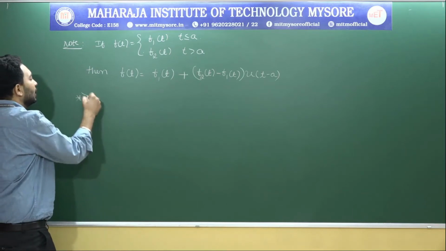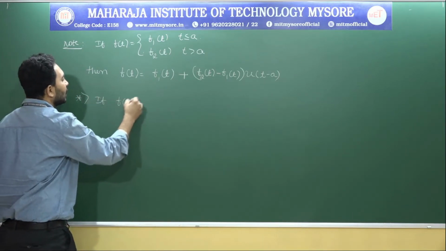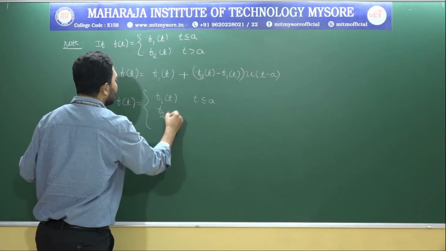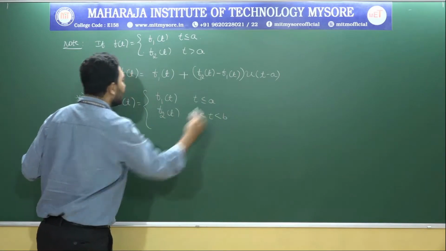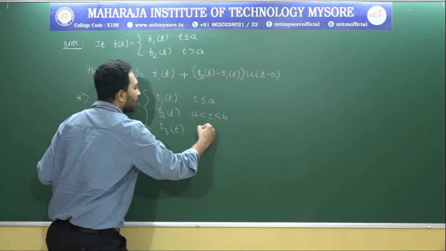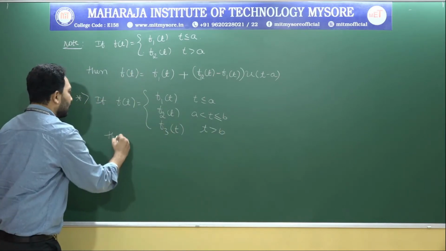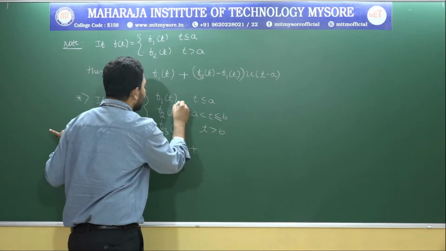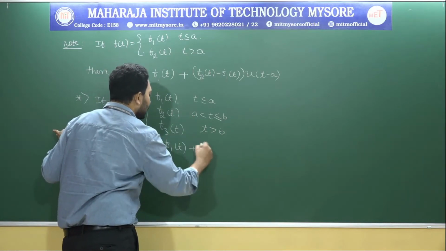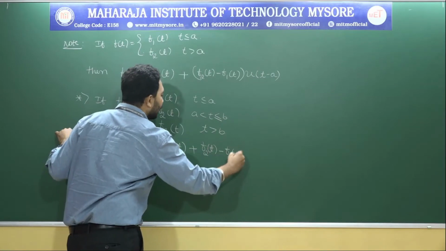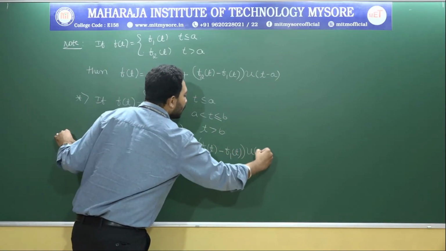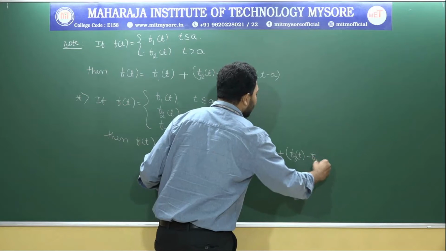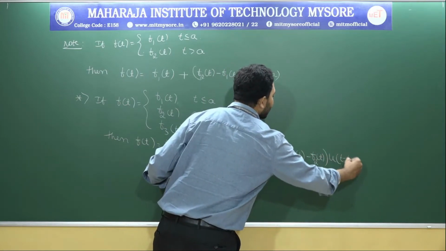And also if we have three terms, that is if f of t equals f1 of t for t less than or equal to a, f2 of t for a less than t less than b, and f3 of t for t greater than b, then f of t is f1 of t plus f2 of t minus f1 of t into u of t minus a plus f3 of t minus f2 of t into u of t minus b.